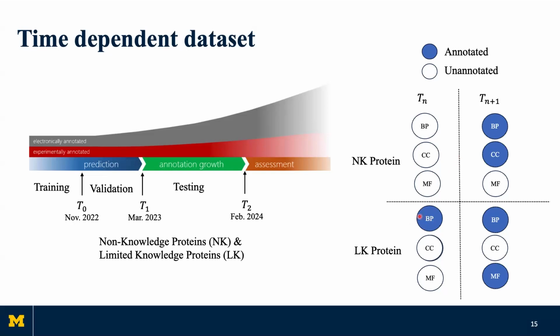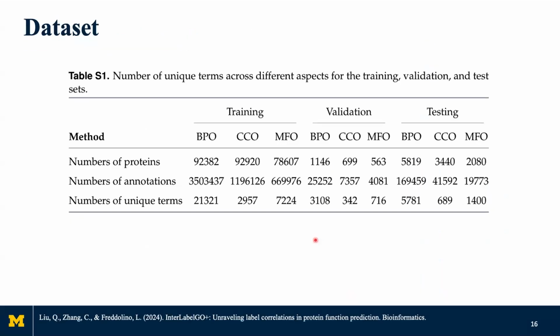If we gain new annotation in another aspect, we use the new aspect as our evaluation aspect, and we call this a limited-knowledge protein. This is a summary of our training, validation, and testing data sets.